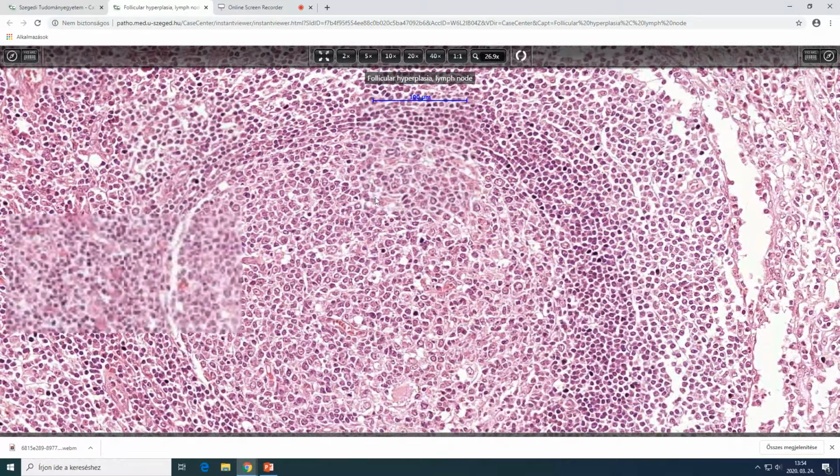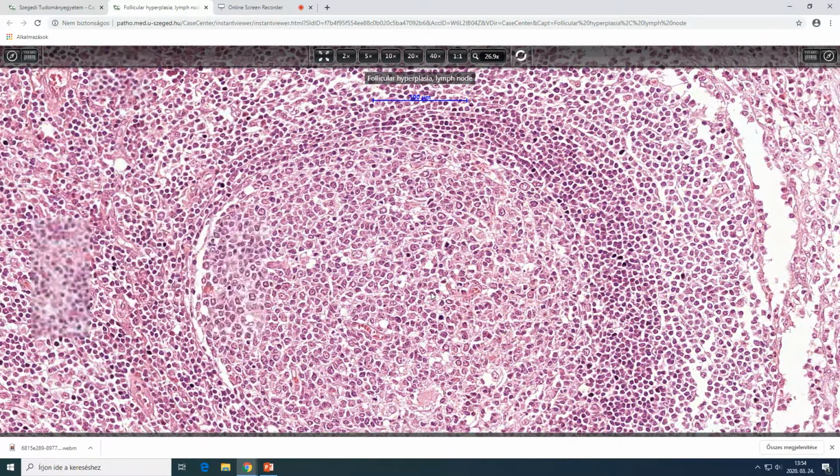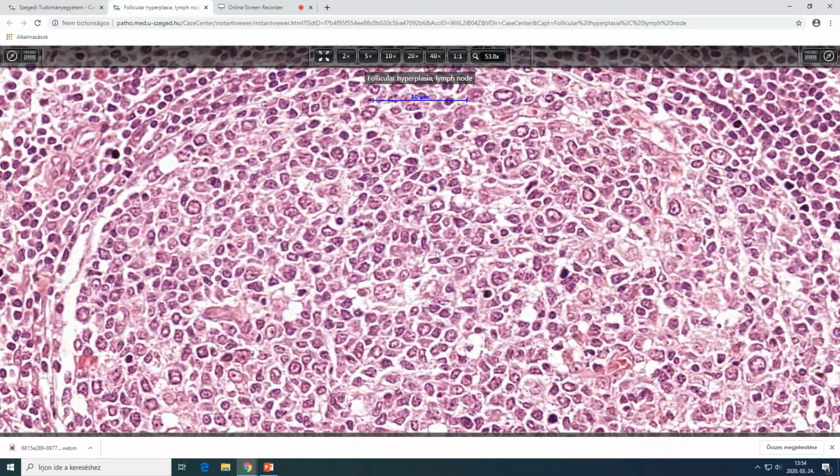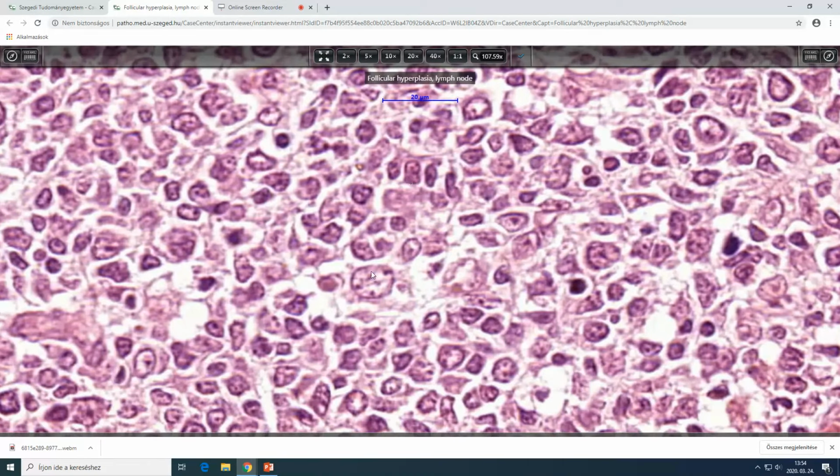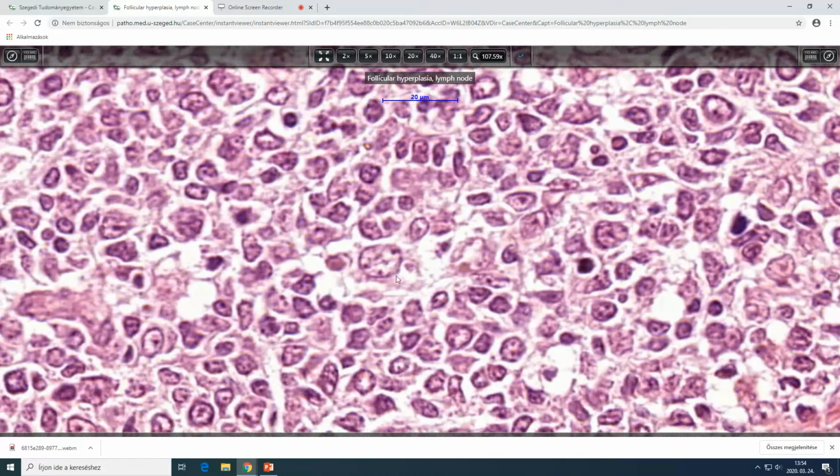In the germinal centers, we can see at least two very characteristic cell types. One of them are these small lymphoid cells with irregular nuclei. These are the centrocytes. Next to them, we can see some bigger cells with prominent, often multiple nucleoli called centroblasts.